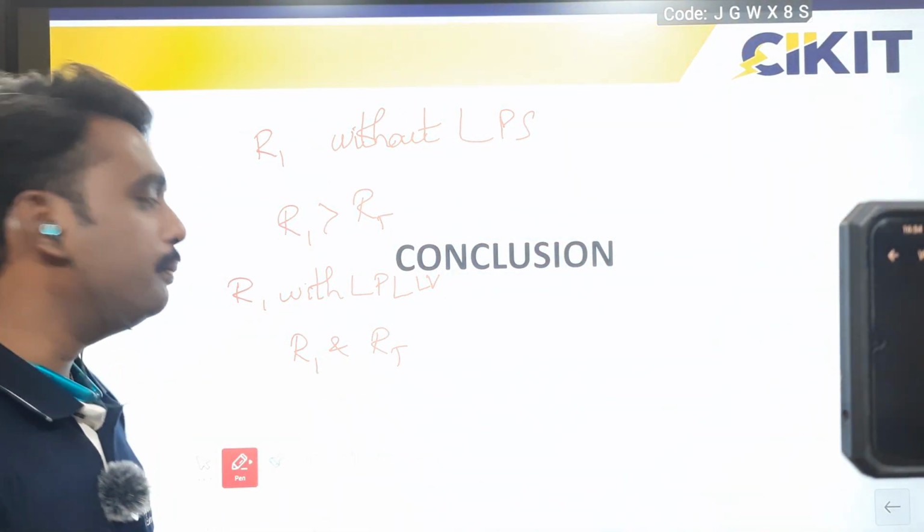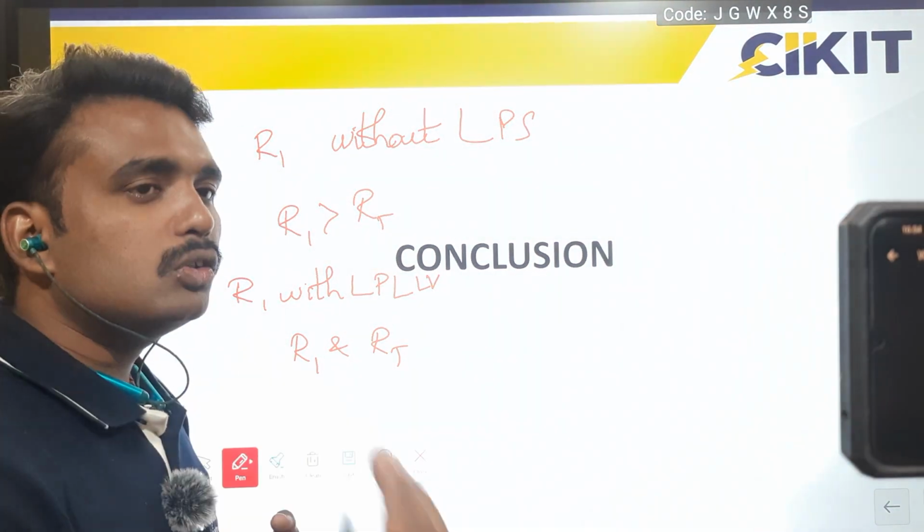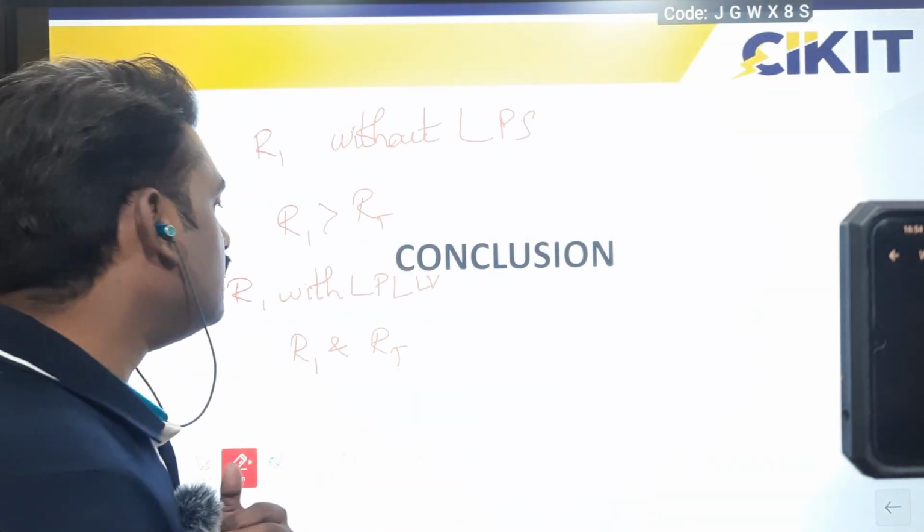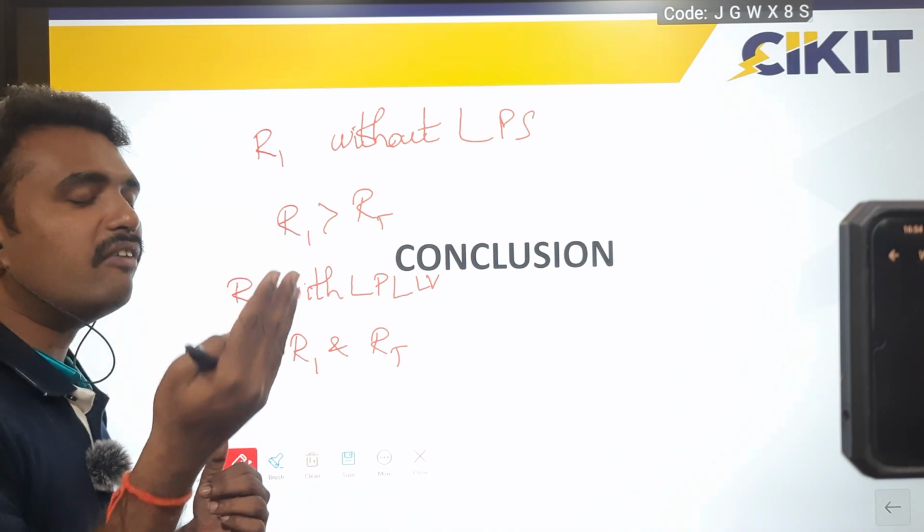I have to repeat the loop till the R1 value becomes less than RT. So I cannot generally tell the level of protection for a building.